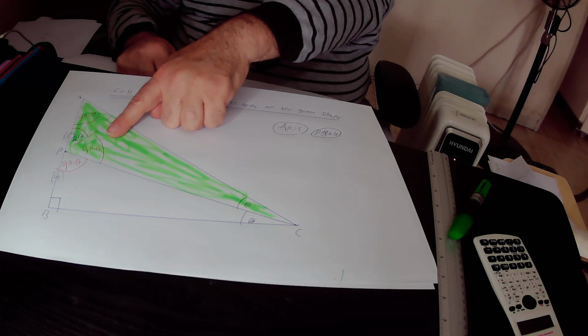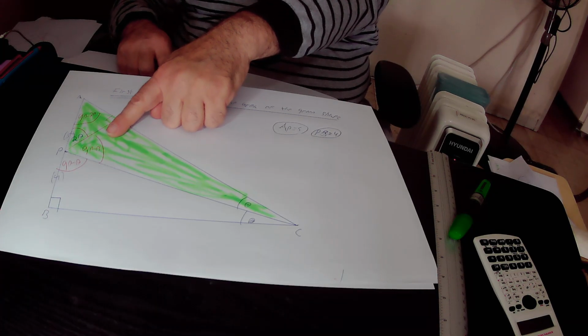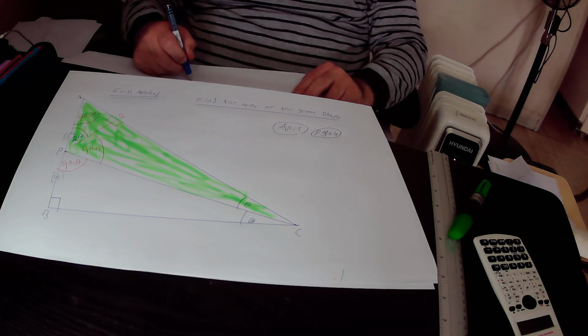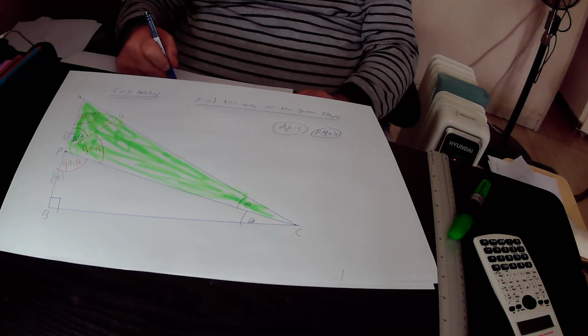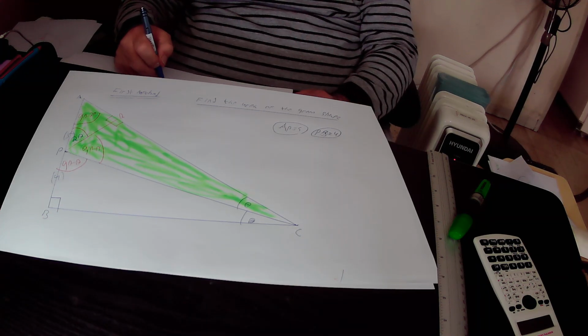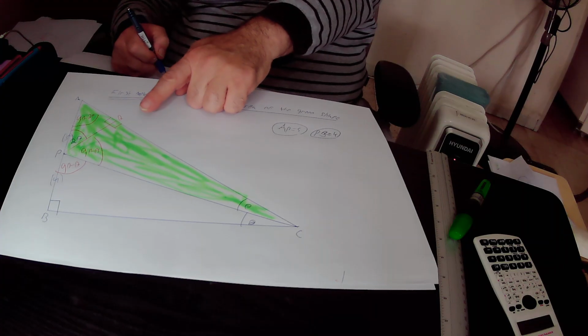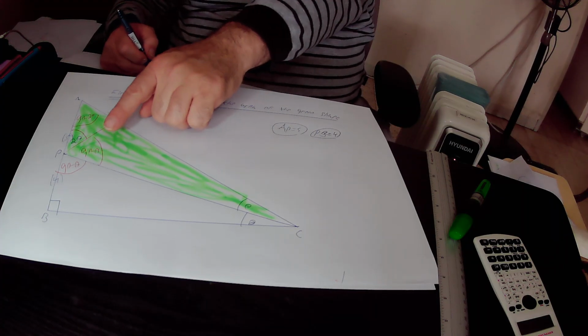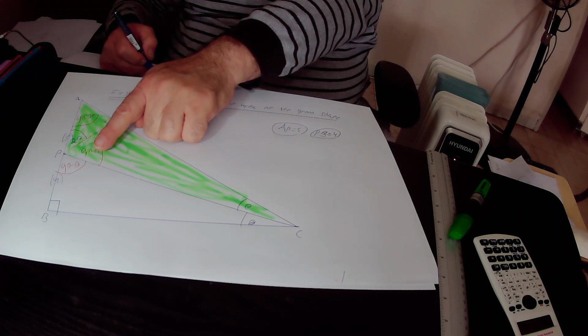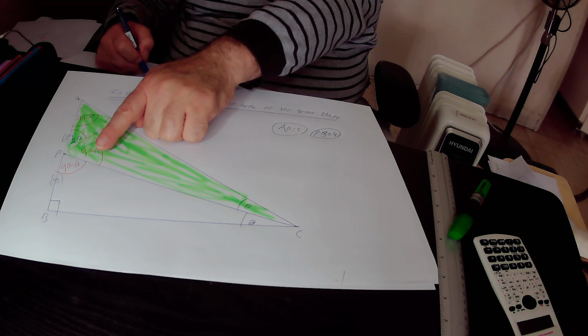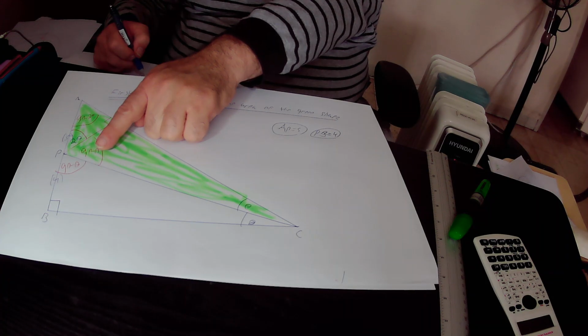So actually this is angle QPC in the upper green triangle QPC, and it equals this angle, angle CPB, in the lower right triangle PBC.